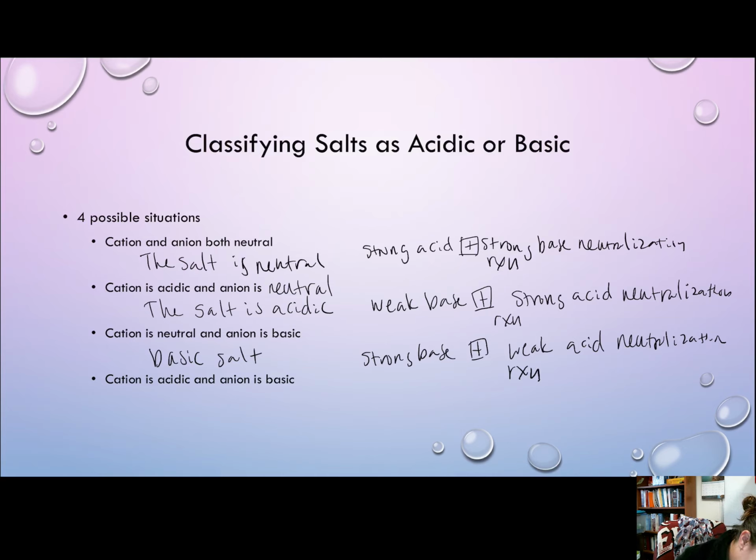Whichever is larger, Ka or Kb, will determine if it is acidic or basic.